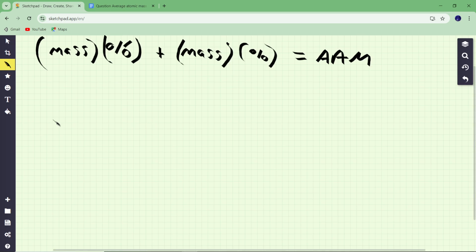So we're going to go back to our main sheet, and we're going to put the first one as its mass being 191, and the second one we have a mass of 193.